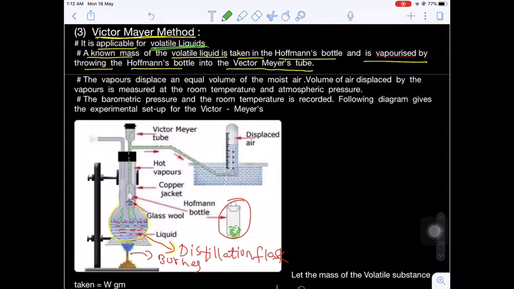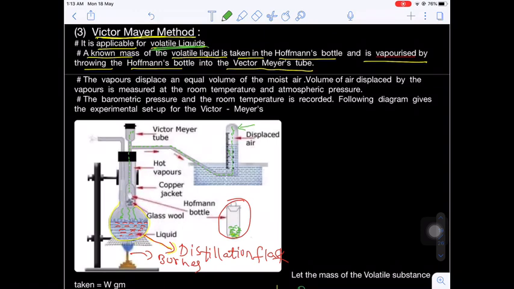These vapors come into the water and move in the upward direction, and some air will be present in the upper column of the water. Once these vapors go through this water, they push some pressure.